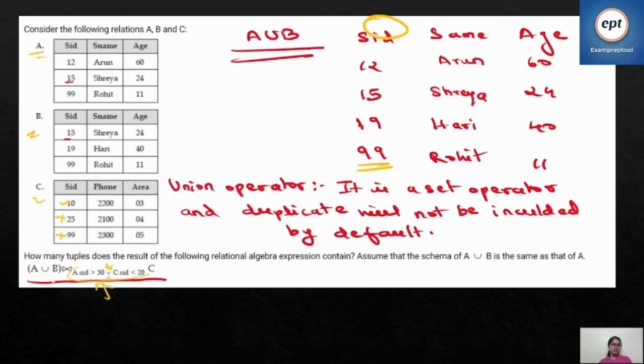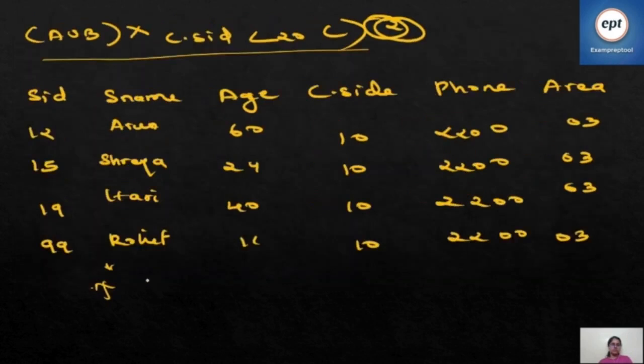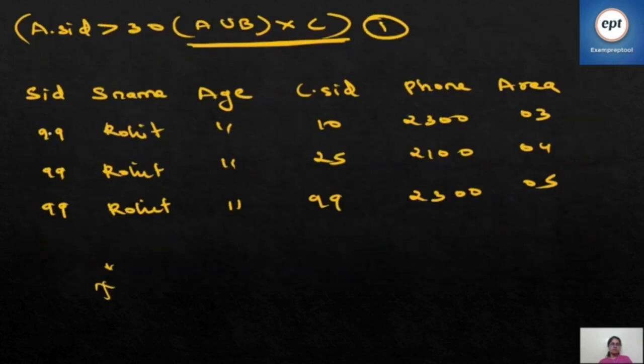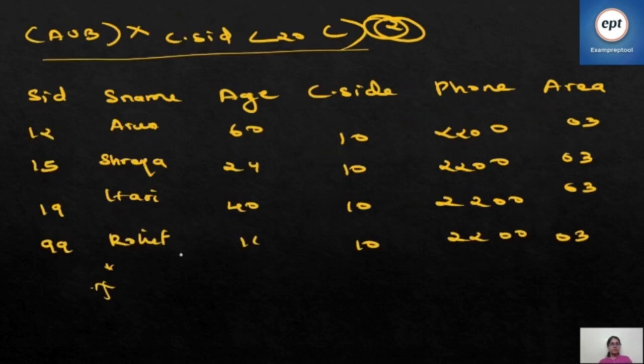For union, the attributes in both the tables are the same. Now we have to write the rows one by one, but we have to eliminate the duplicates while writing the union.